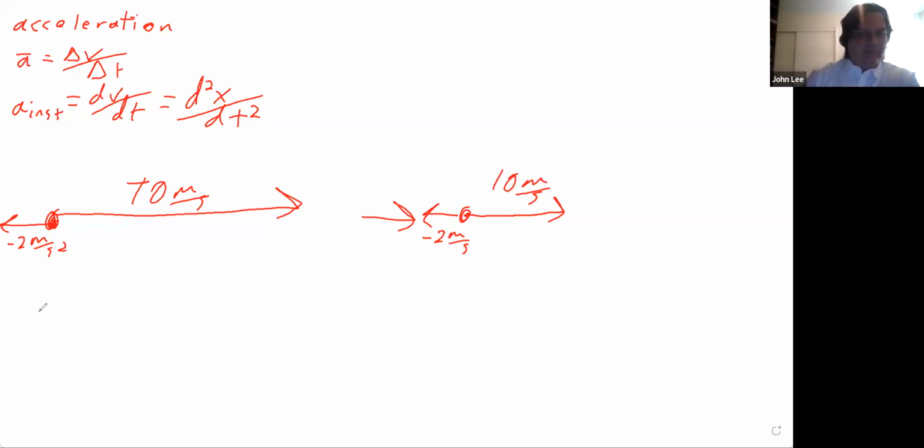So V final minus V initial over delta t equals a negative number. That only means that your initial velocity is going to be bigger than your final velocity if both are positive.